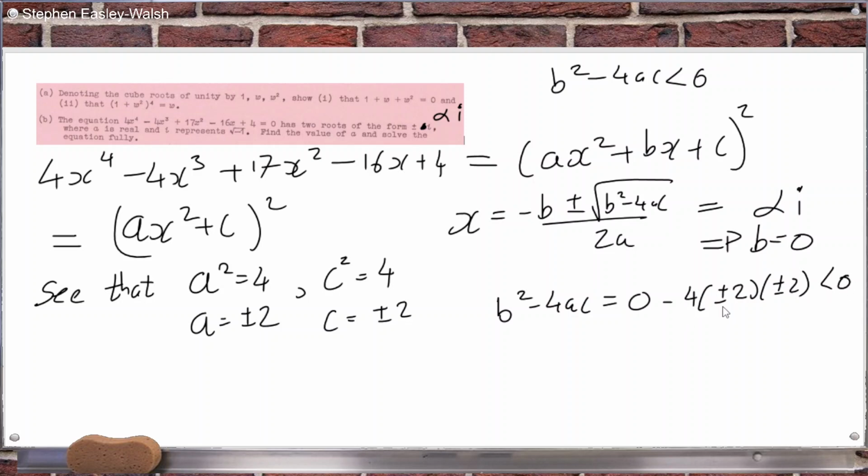That can only happen if they have the same sign: minus, minus would do it, and plus, plus would do it. So they can both be 2 or they can both be minus 2. And because we're squaring, it doesn't actually matter. So without loss of generality, we can say a equals c equals 2.